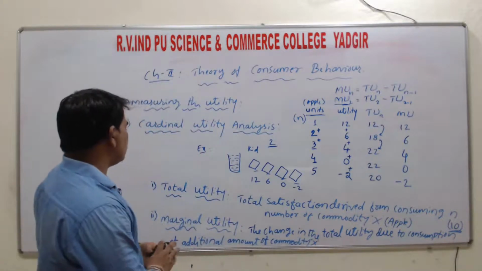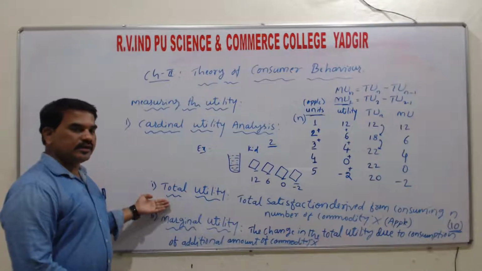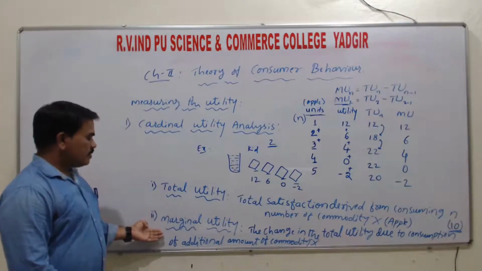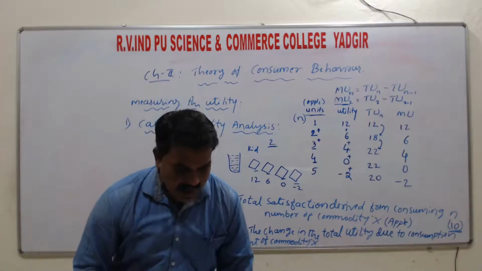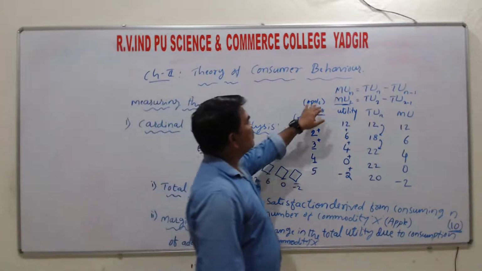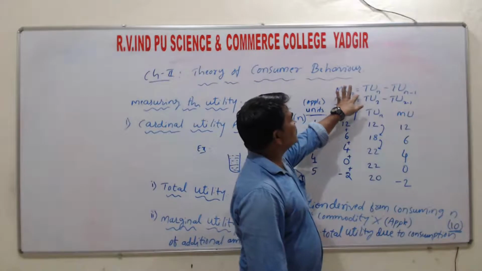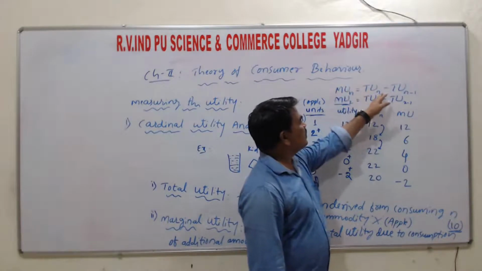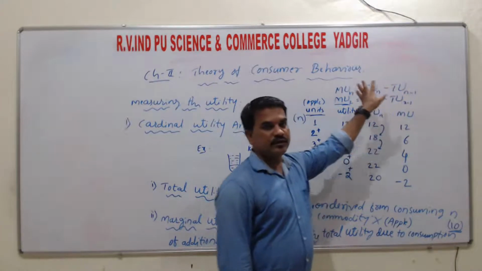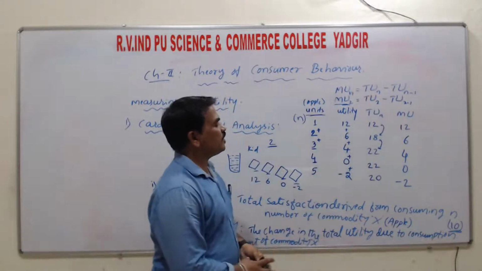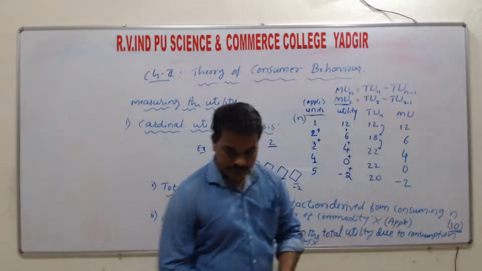So here we understood what you mean by total utility and what you mean by marginal utility. And the formula here is marginal utility at n is equal to total utility at n units minus total utility at n minus 1 units. This is the formula to find out marginal utility.